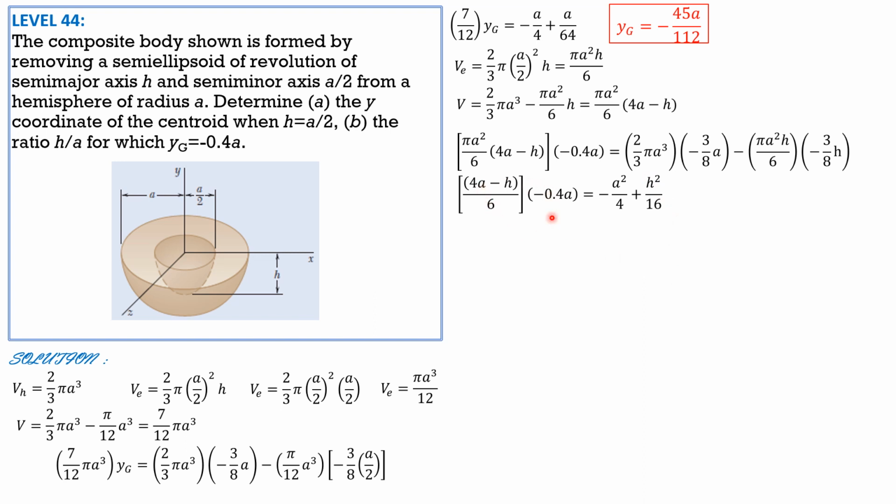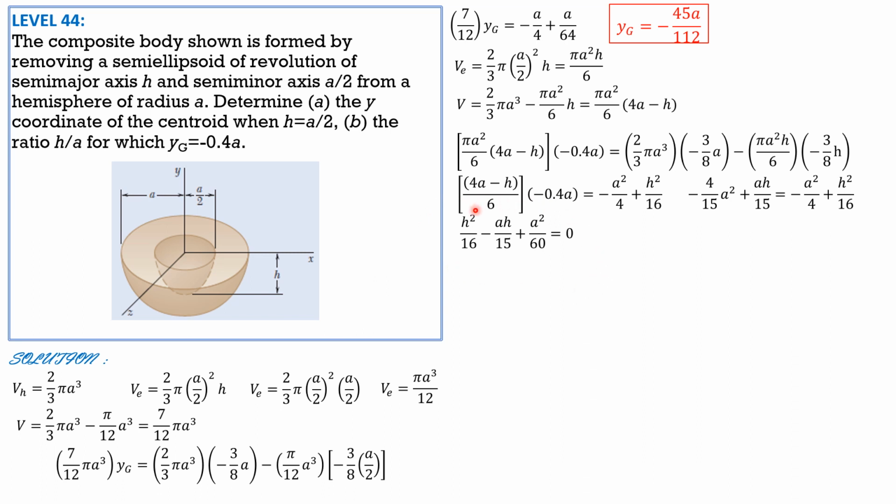Then distribute: we have negative 4/15 a² plus ah over 15 equals negative a² over 4 plus h² over 16. So h² over 16 minus ah over 15, then negative a² over 4 plus 4/15 a² is a² over 60, equals 0.